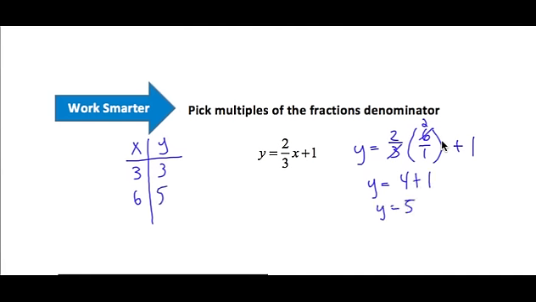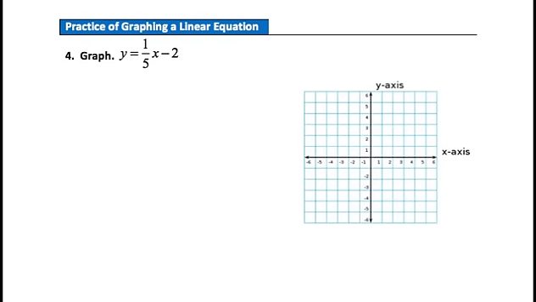Okay, so picking multiples of this fraction's denominator is going to make this a lot easier. So try to do that anytime there's a fraction in one of our linear equations that we're trying to graph. Okay, now it's time to practice that idea. We've got a graph of a linear equation here, and I've given you a fraction with a denominator of 5.